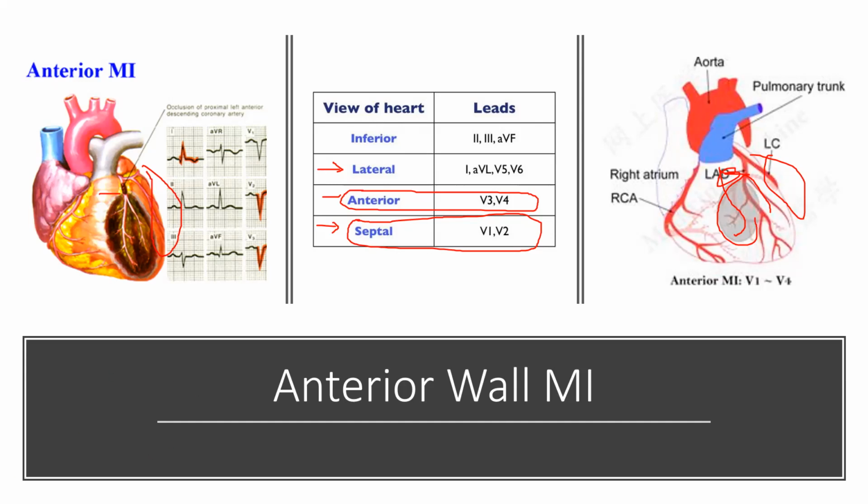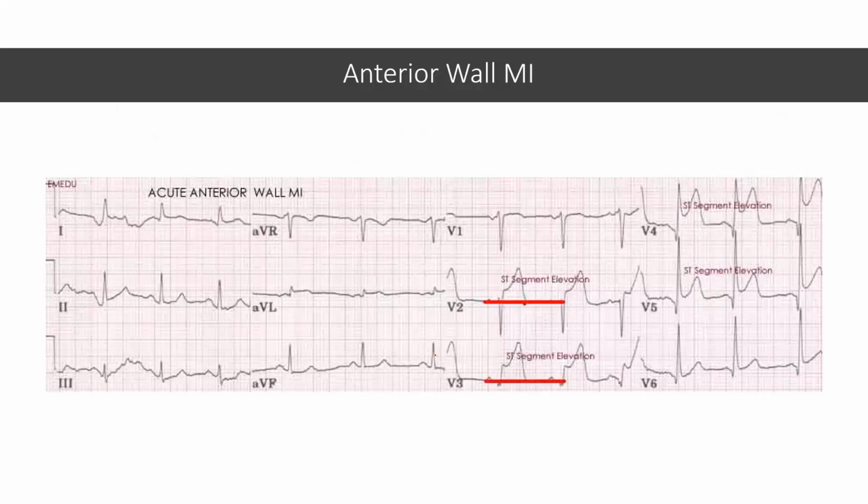So let's take a look at an example of an anterior wall MI. So as you could see over here, what's the situation in lead 1? What do you see in lead 1? Okay, so it's slightly elevated, isn't it? How about lead 2? Again, always begin right over here. This is the baseline.